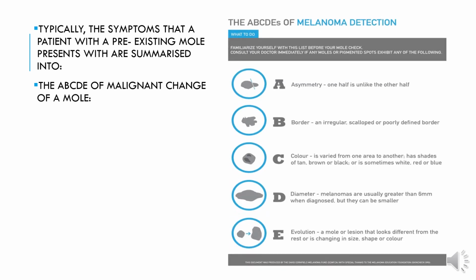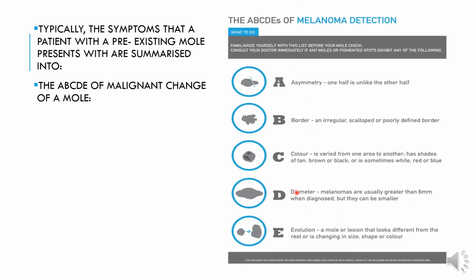Typically, the symptoms a patient with a pre-existing mole presents with are summarized into the ABCD of malignant change of a mole. This is a diagram showing the ABCD of melanoma detection, where A stands for asymmetry. That's one half of the mole is unlike the other half. There's an asymmetrical appearance. There's an unequal appearance of the mole.